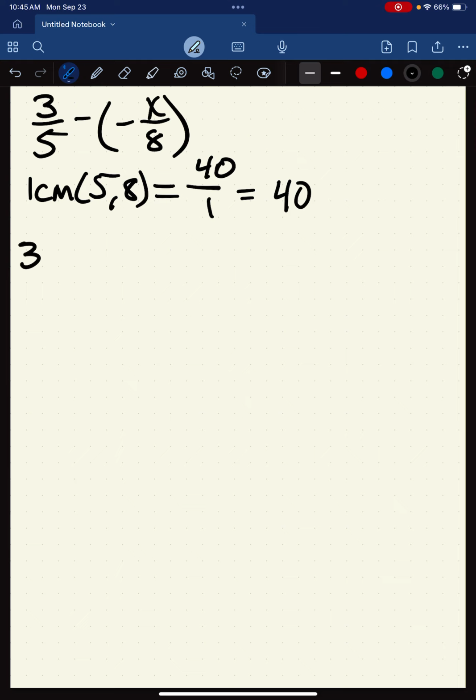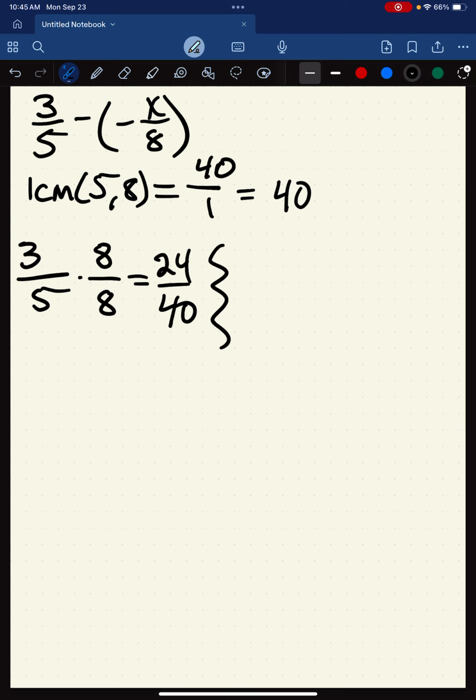So 3/5 times what is going to give us something over 40? The answer is 8. And we have x over 8. So 8 times what is going to give us something over 40? The answer is 5.